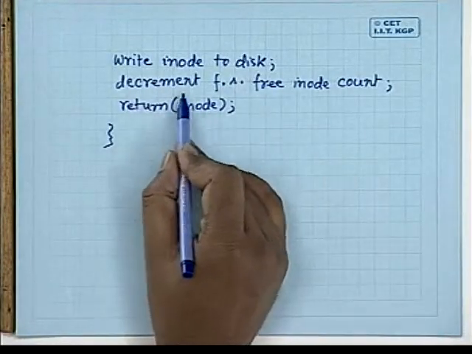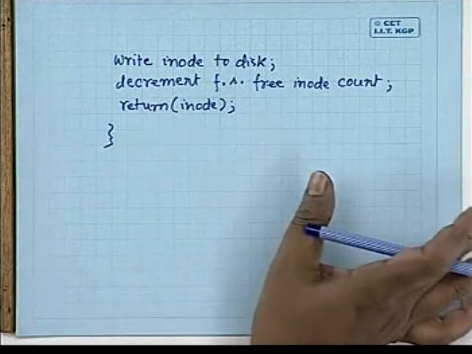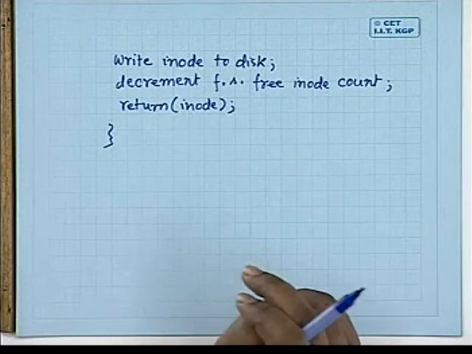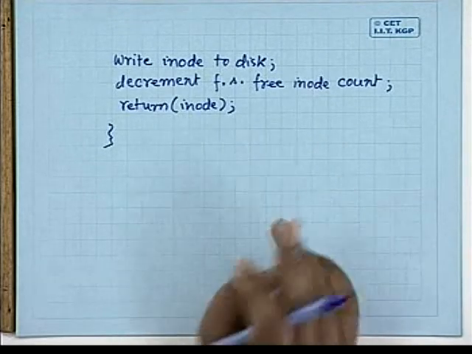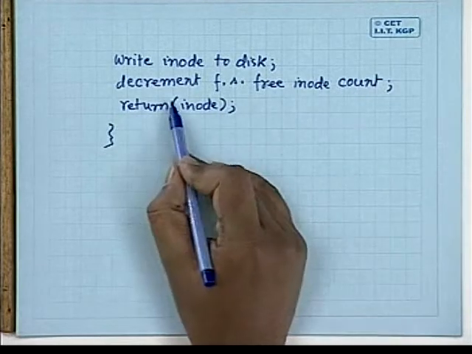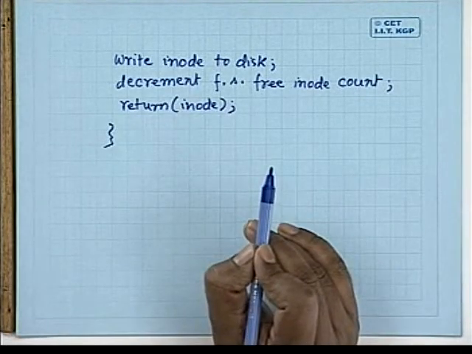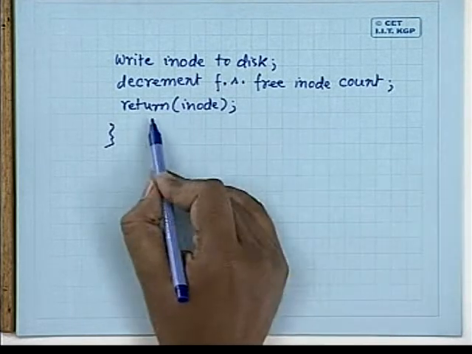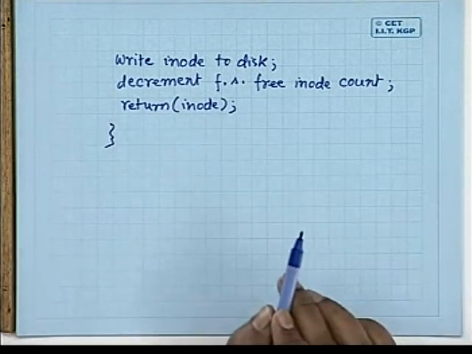After that, because one of the free inodes has been allocated to the newly created process, the file system free inode count has to be decremented by 1. This information is also maintained in the superblock. After that, this inode has to be given to the process.